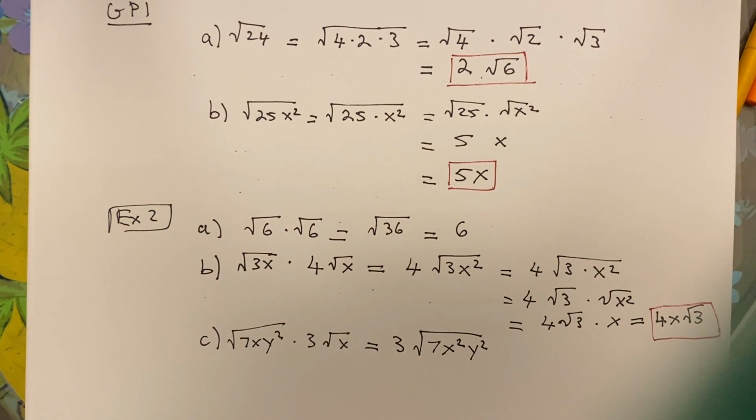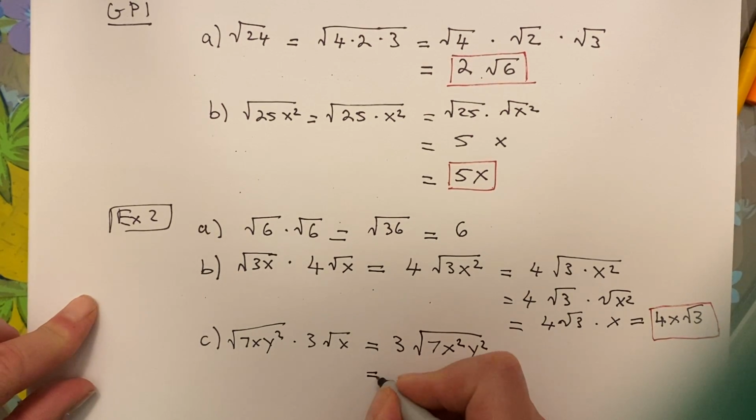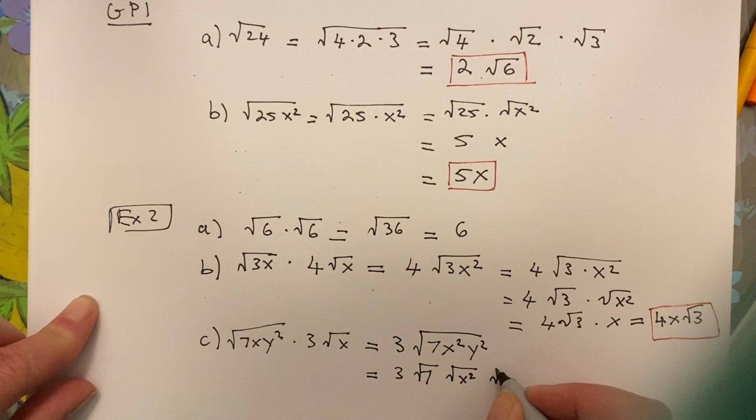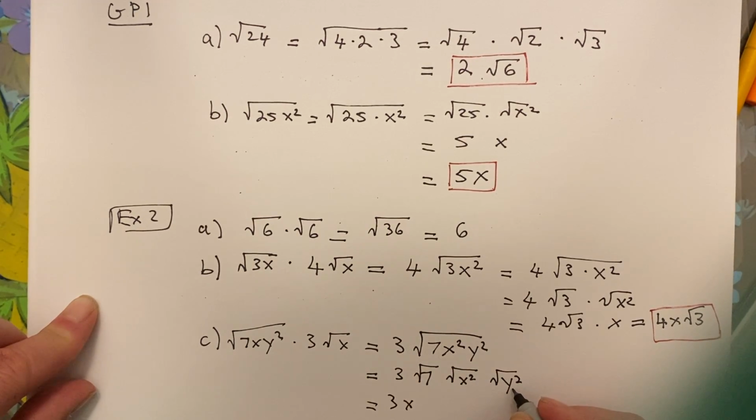Okay, we've combined everything, and our last step is going to be to simplify. So to simplify, the 3 remains out here. The 7 is as simplified as it can be. But then I can see, can I take the square root of x squared and the square root of y squared? I can take an x out of here. I can take a y out of the y squared.